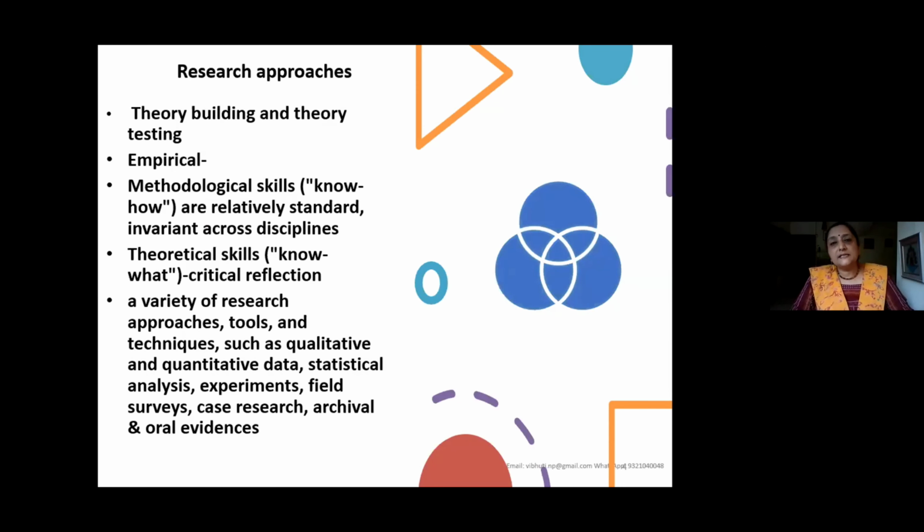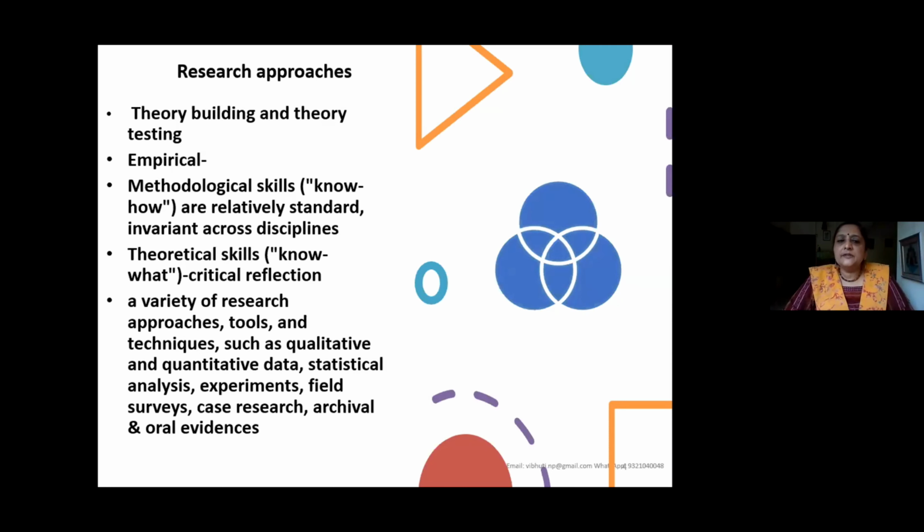You need to understand the psychological dimension, the fear and distress that it has caused. So you need to go across disciplines, and you also need theoretical skill, because theories give you the key to understanding the issue and to critically reflect, because what is out there and how you interpret it is very important.